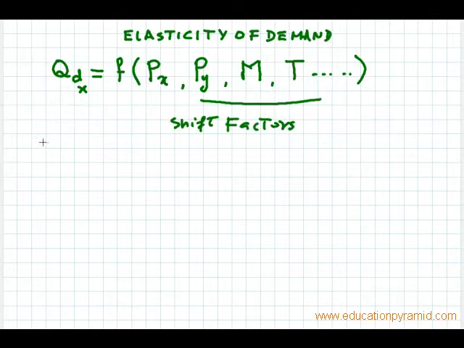So we normally discuss three main types of elasticities. One, we call it EP, price elasticity of demand.